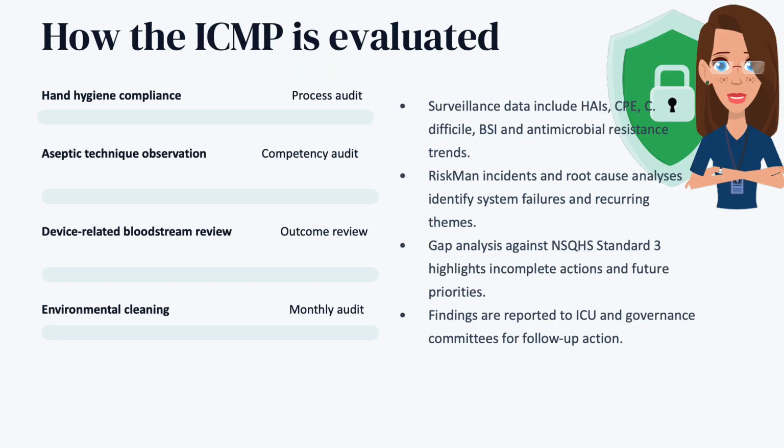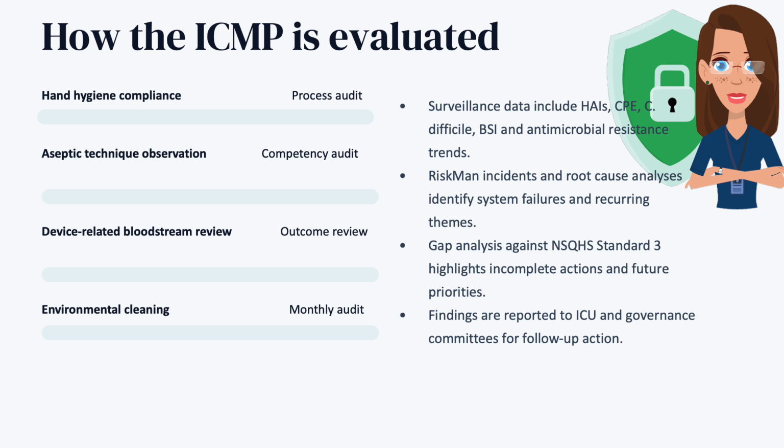Evaluation of the ICMP should occur through both process and outcome measures. Process indicators include hand hygiene compliance, aseptic technique audits, environmental cleaning audits, and education completion. Outcome indicators include healthcare-associated bloodstream infections, resistant organisms, device-related infection trends, and staff exposure incidents.